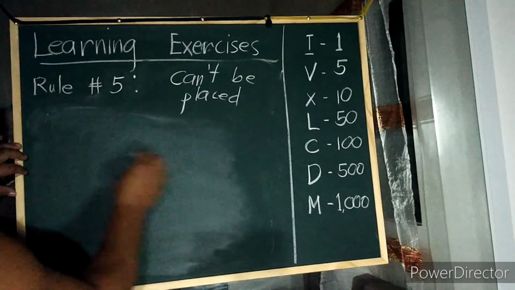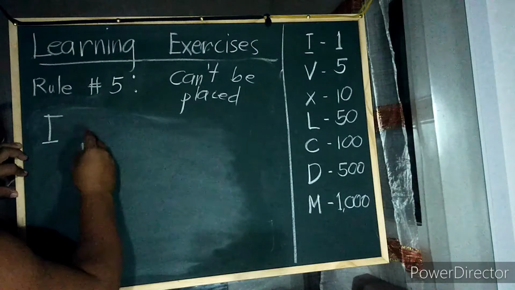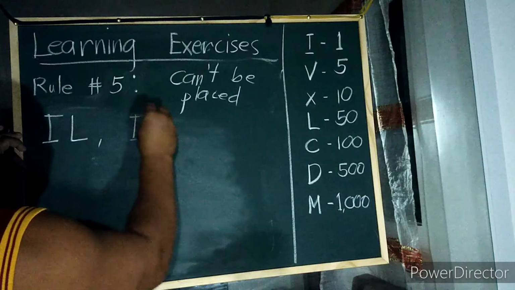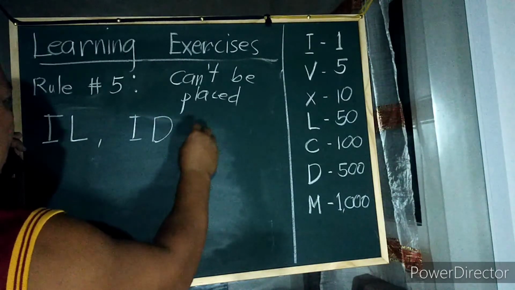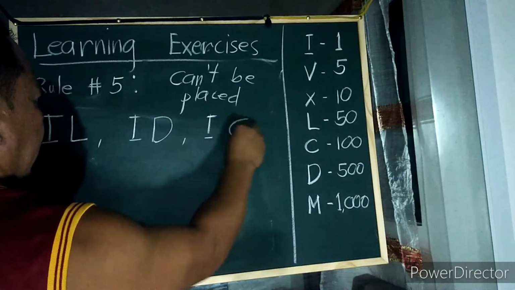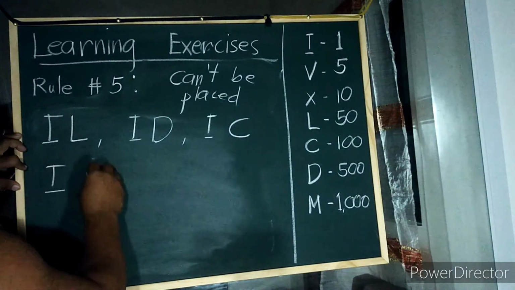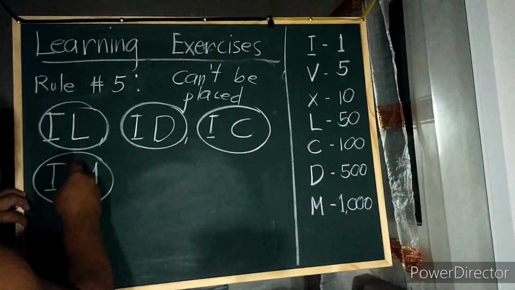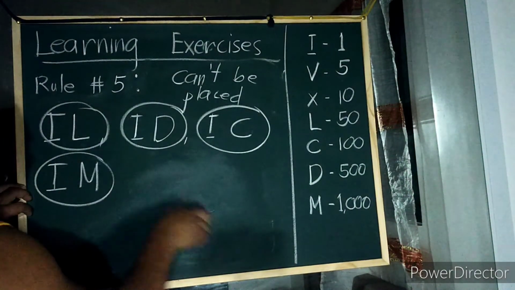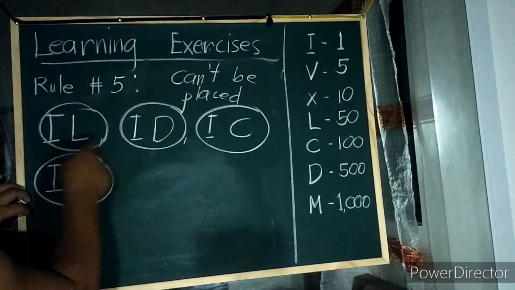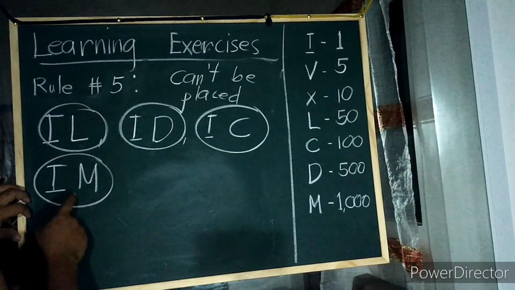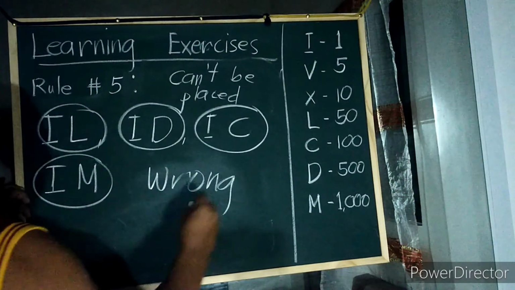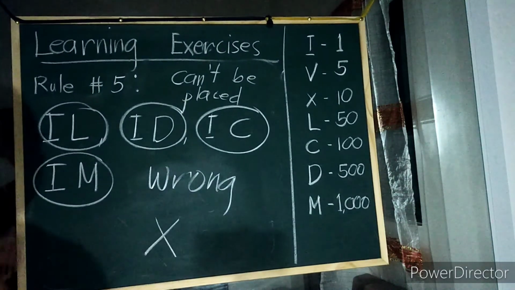The letter I cannot be placed before letter L, cannot be placed before letter D, cannot be placed before letter C, cannot be placed before letter M. These combinations here, IL, ID, IC, IM, are considered wrong. Okay? Wrong. You can't do this.